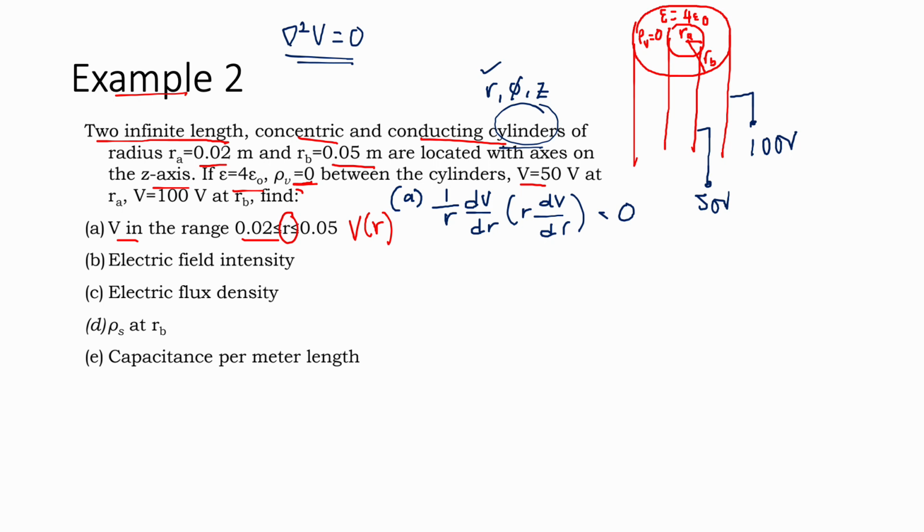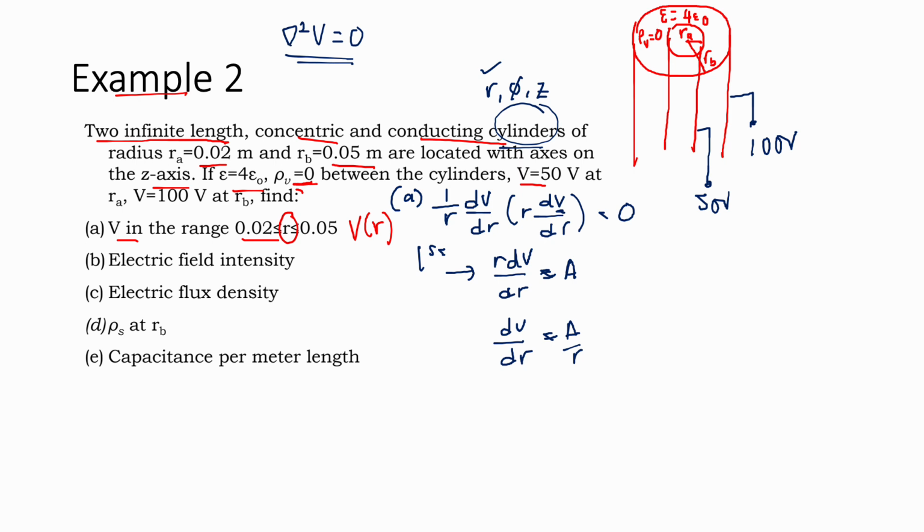So with the first integration, because we need to obtain the value of V, we obtain R dV/dR is equal to A. Therefore, dV/dR will become A over R.